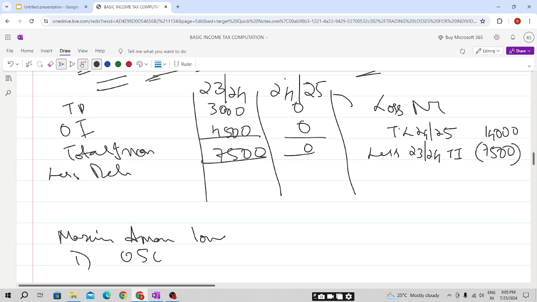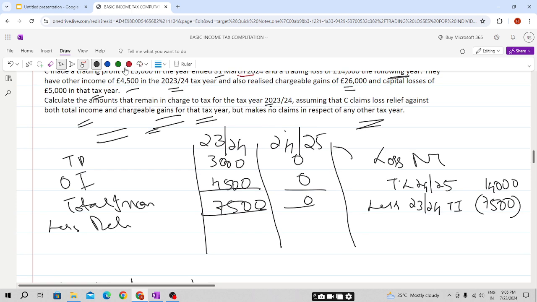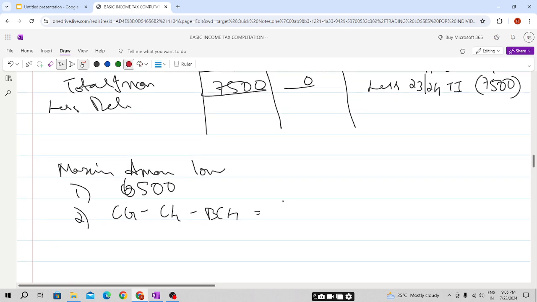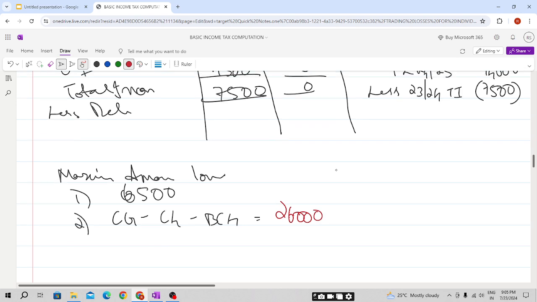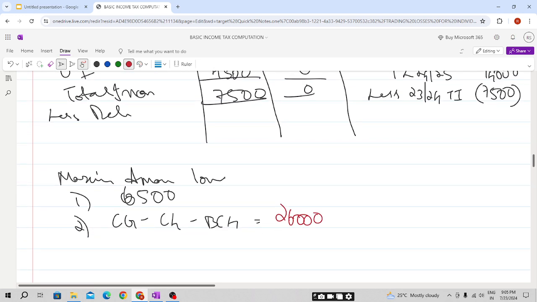And the second option is current year capital gains, current year capital loss, and brought forward capital loss. So the capital gain is 26,000 less capital loss of the tax year 5,000, no brought forward loss, so it is 21,000. So the maximum amount we can set off is 6,500 students.